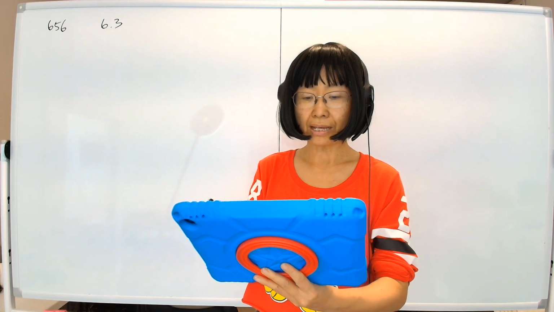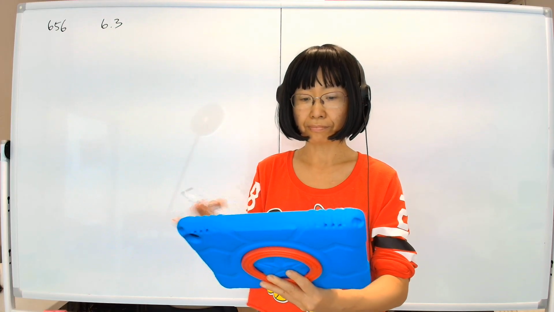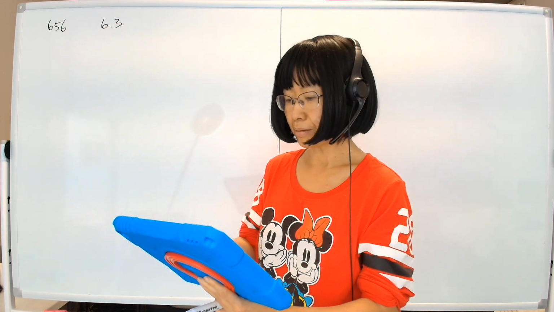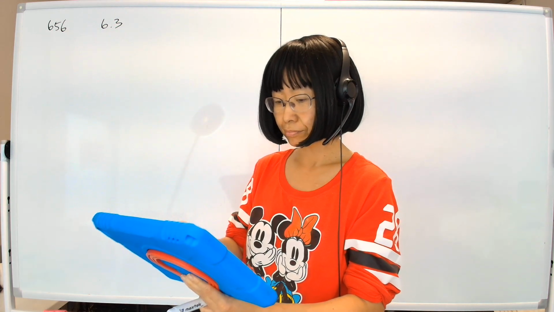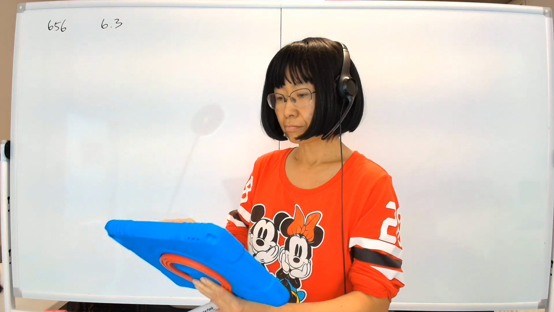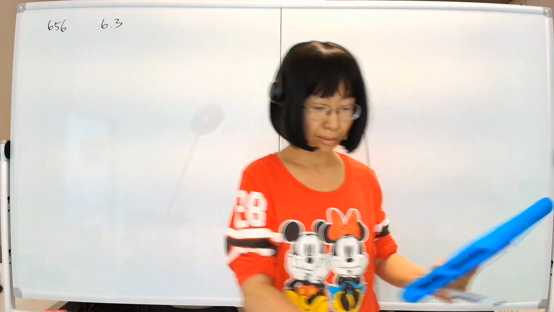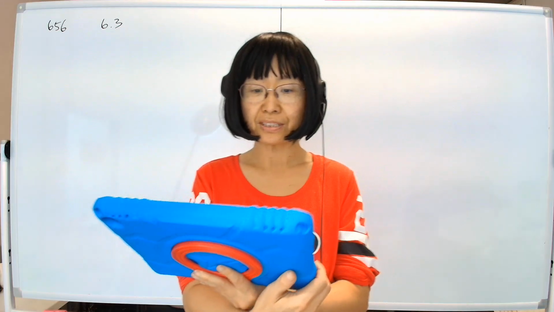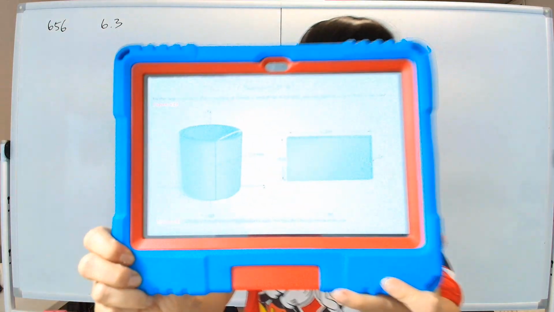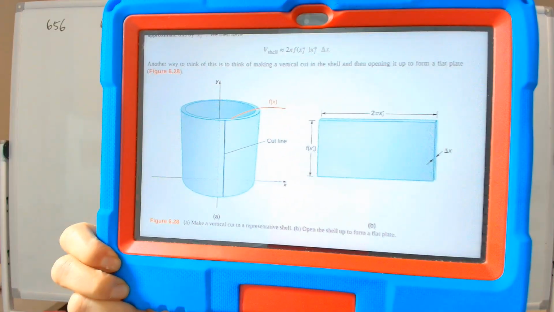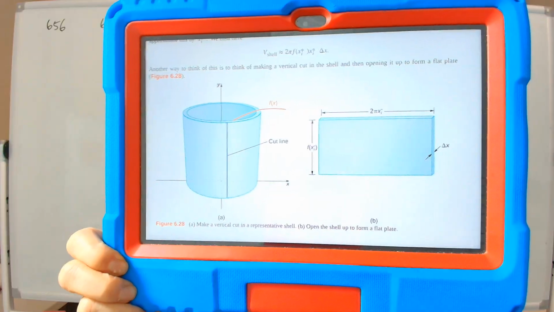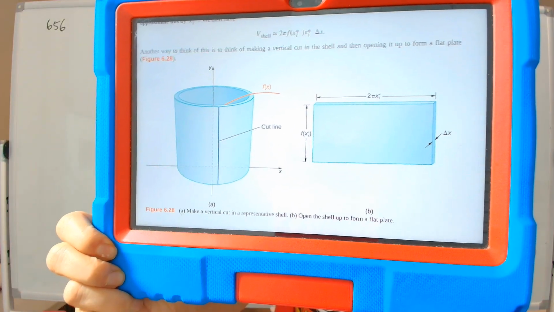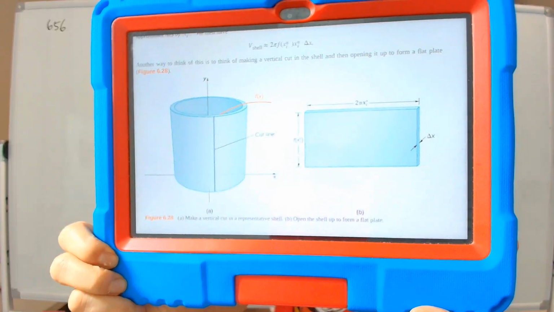The shell has a volume, which is base times height. To look at the volume of the shell, let's look at the next page where your book shows this. What you're imagining is that we have our toilet roll sitting there. What is the volume of the toilet roll?